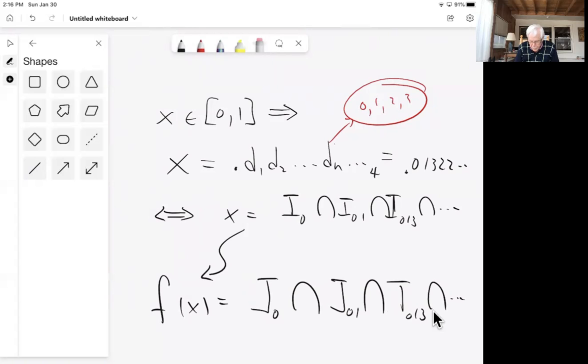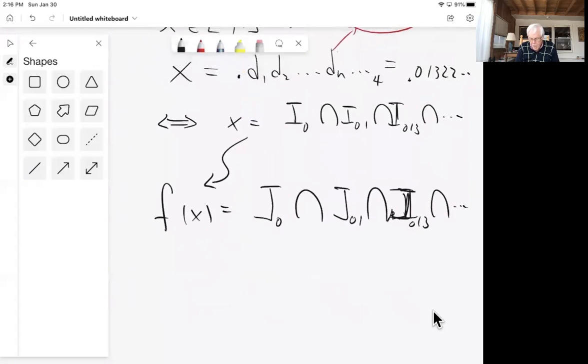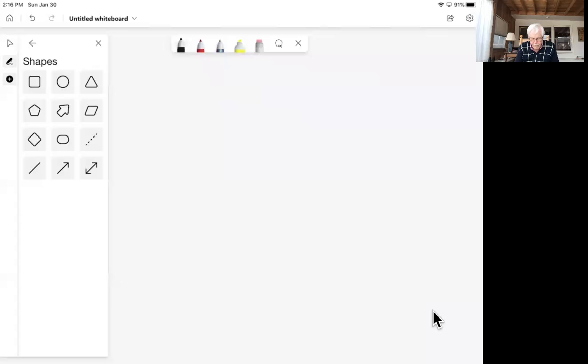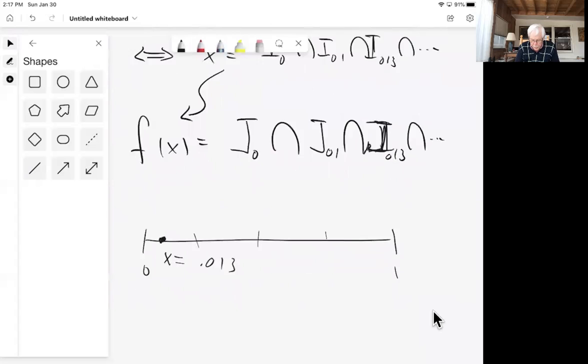What's this thing right here? So this should be a J013. And so knowing which x is here tells you what f of x is. So if we look at a linearized picture, x is 0.013, somewhere about here. 0, 1, 3, 2, 2.